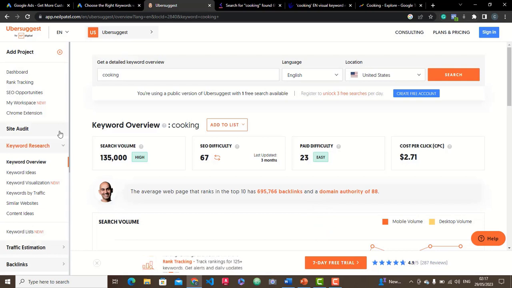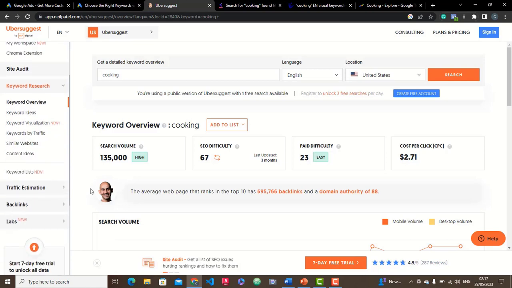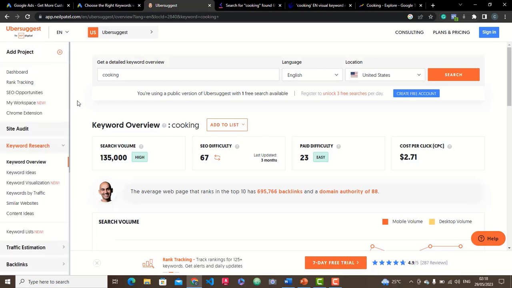So now we are talking about keyword ideas. Like I said, I use cooking as an example. If you search cooking here and click on search, it's going to show you the search volume, which is the number of times people are searching for this particular keyword. It is a high search, and the SEO difficulty is 67 over the past 3 months. It gives you the difficulty in paid traffic, people that are doing Google Ads, and you can also see the cost per click that people pay.